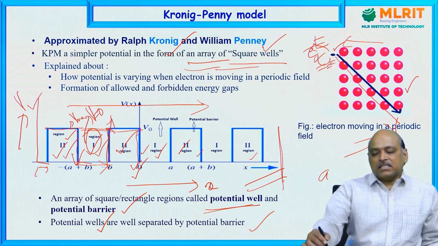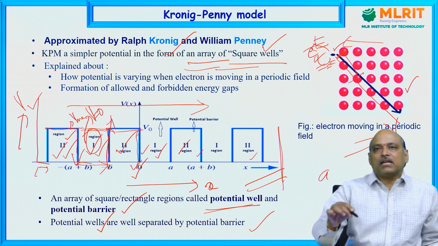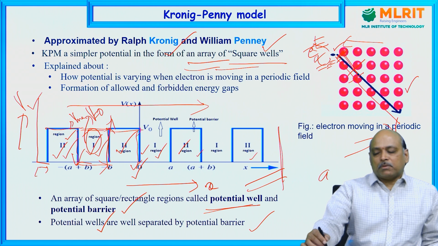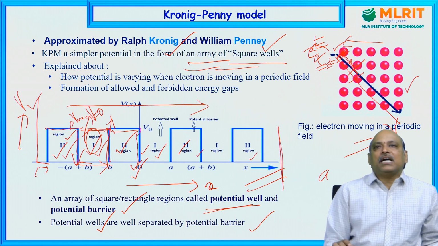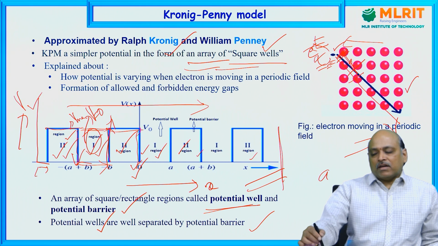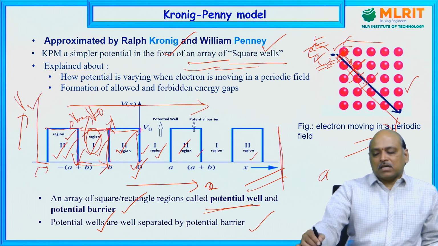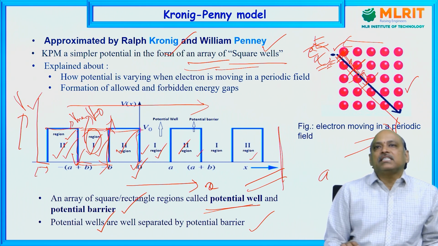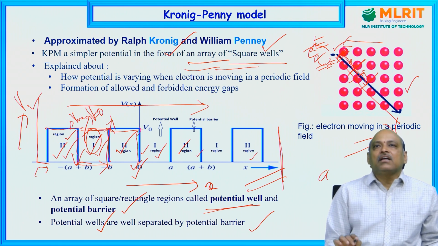The distance from one positive ion site to another positive ion site is called A, which is the lattice constant. So from one positive ion site to another, the distance is always the same. That distance is called the lattice constant, and the potential energy is varying with respect to the lattice constant here.